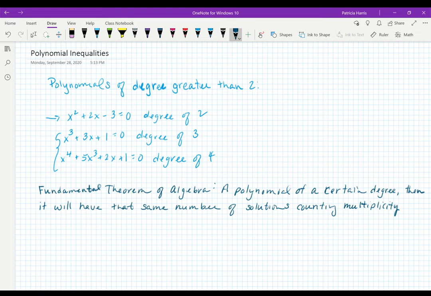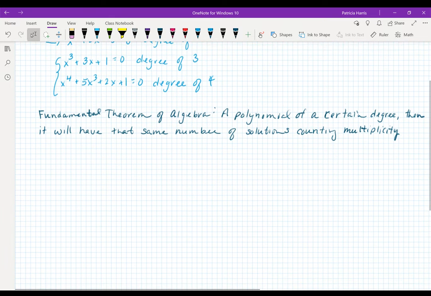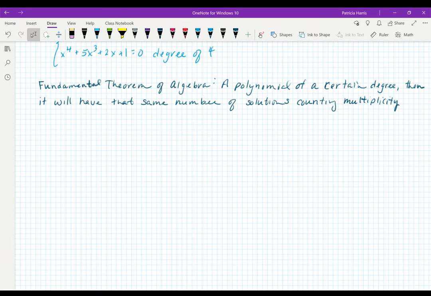All right. We have various ways that we can solve polynomial equations. First way, always ask yourself if you can factor something out. You'll see what I mean in a minute.